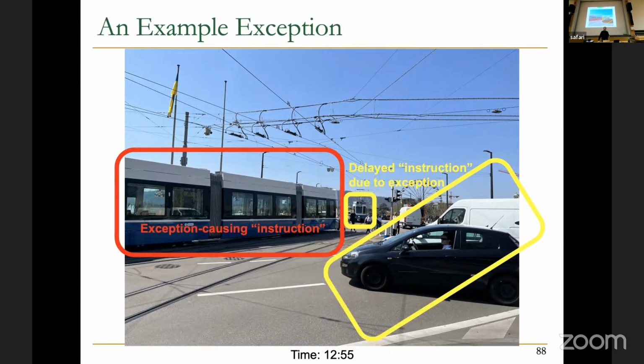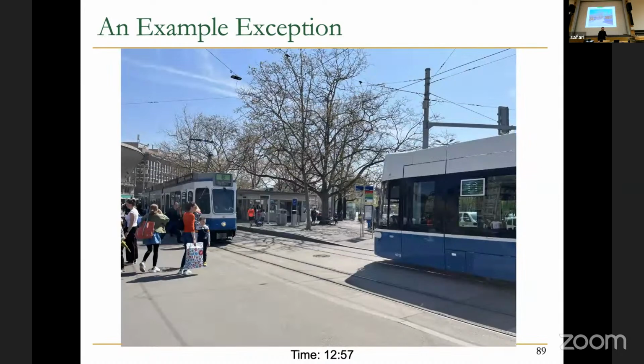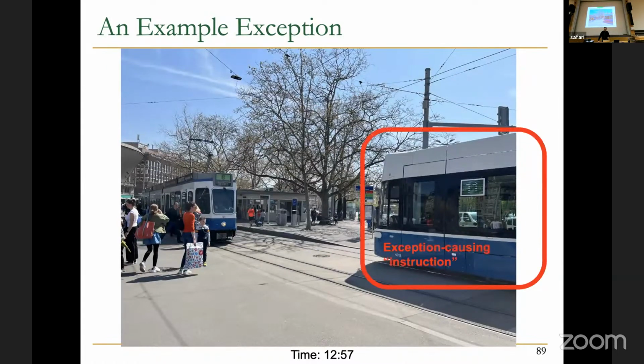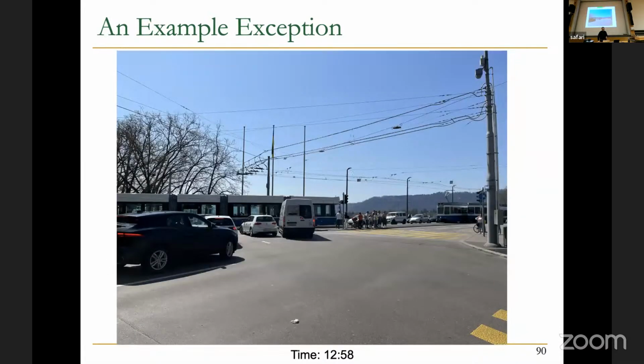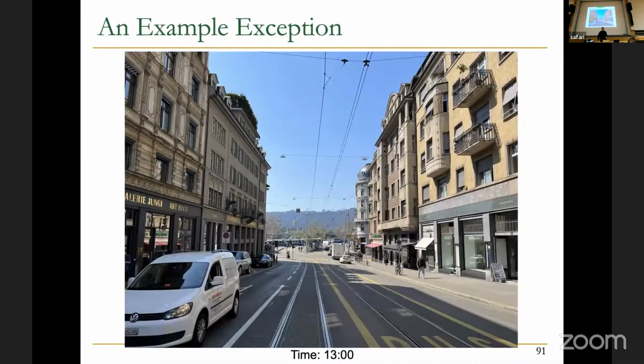So this is an example of an exception, right? And here you can see that this tram, which was the reason we have some exception, two minutes later is still waiting there. This is another picture where this tram is still waiting. This is another picture where that tram is still waiting.